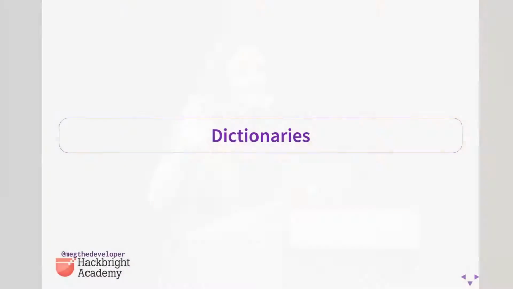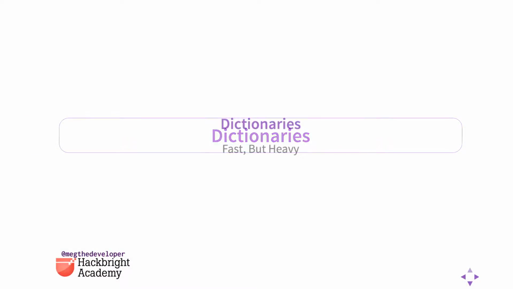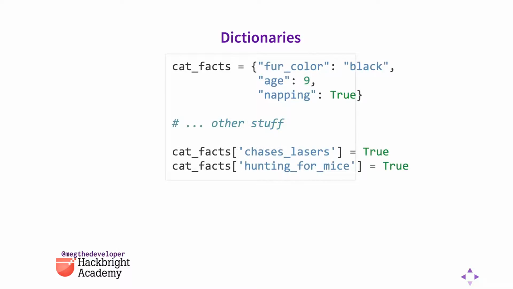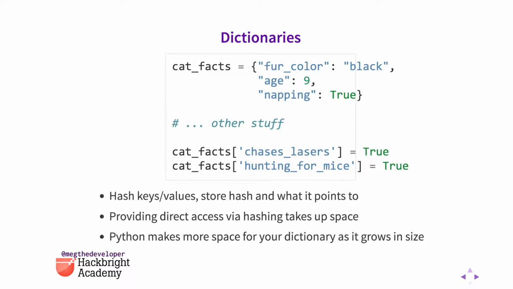All right. So to explain what Dunder Slots is, first we have to know about dictionaries in Python. Dictionaries in Python are very fast, but heavy. And by that I mean they take up a lot of memory. So here we have a dictionary that contains cat facts. We have a bunch of keys at first. If we add 2 keys later on in our code, Python's going to make room for those keys.